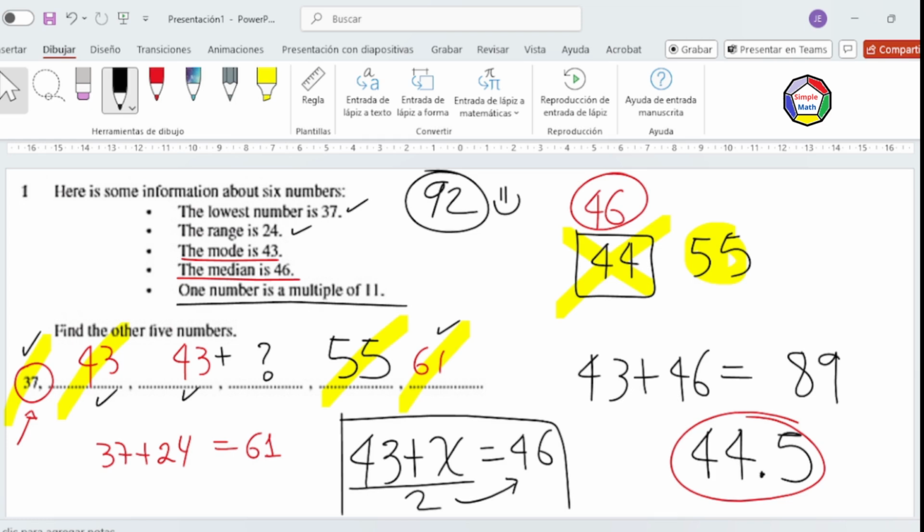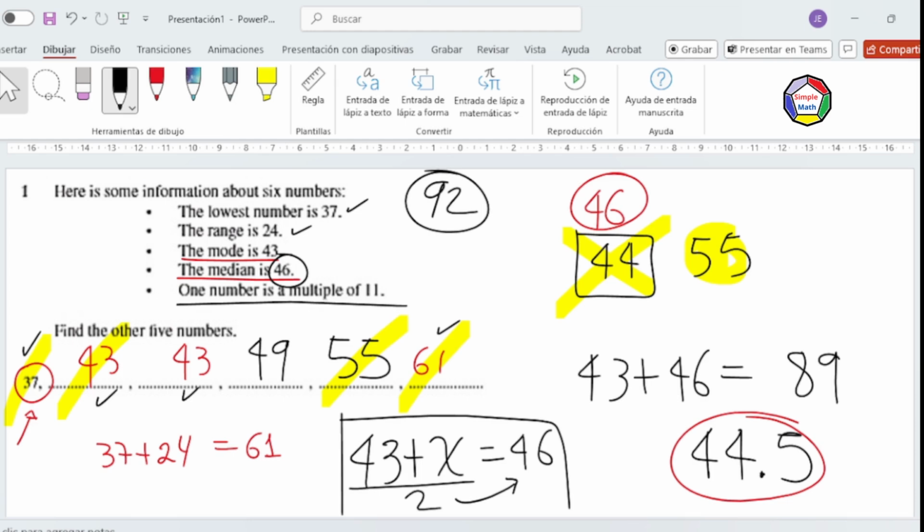So what is the number? What is the number that when I add with 43, the answer is 92? Which is that number? 43 plus 49 is equal to 92. And if I divide 92 by 2, the answer is 46.